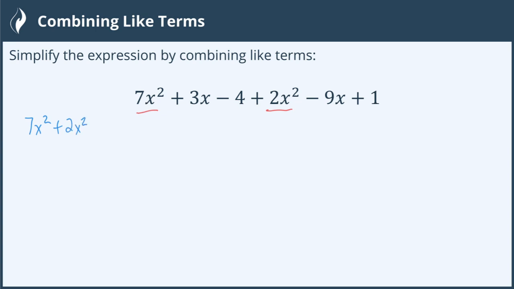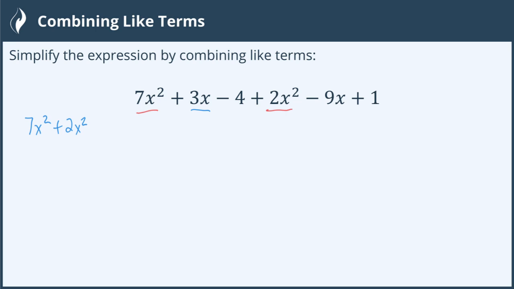I'm actually going to show you two different ways to do this. The second thing is we're going to look at our next term, which is 3x. This is different because it doesn't have the exponent of 2 in it, so it's different than the x squared term. For this one, we're looking for another term that has x raised to the first power, but we don't have anything written there.